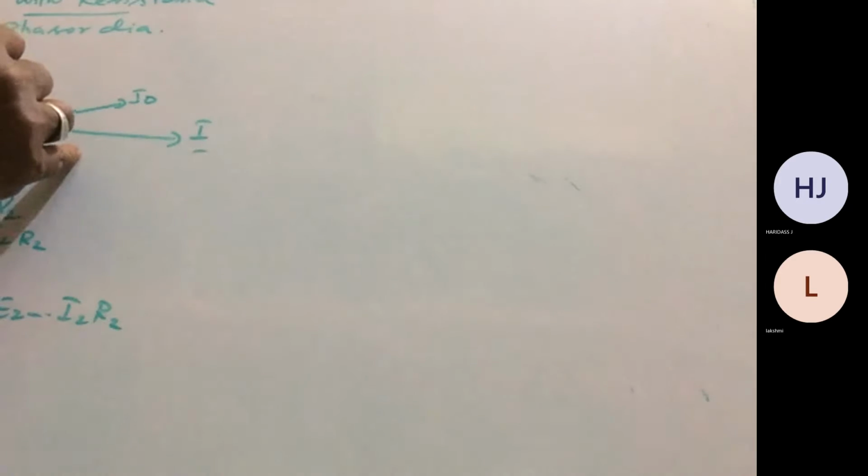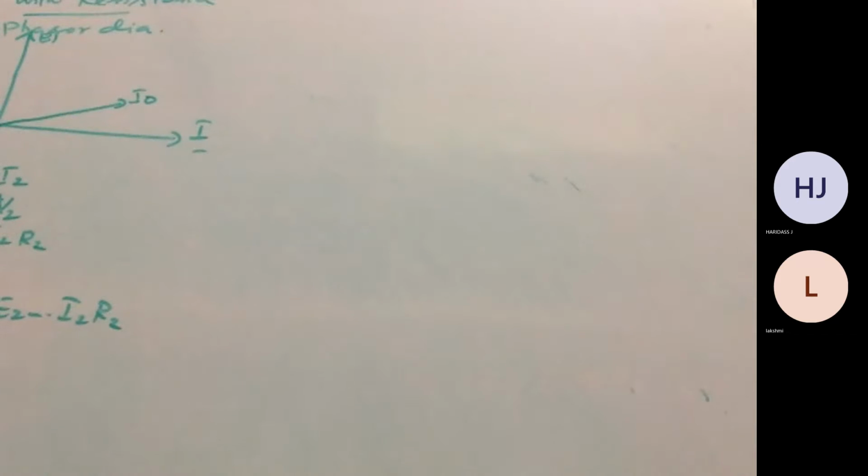How can we draw the phasor diagram on the primary side? I0 we know, which lags by some angle. Whatever we drew on the secondary side, the EMF, similarly on the primary side you have to draw the EMF. What is that EMF? E1. Okay.